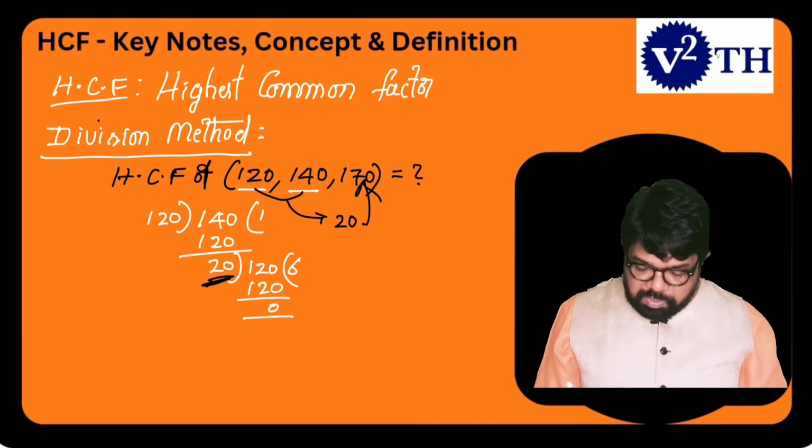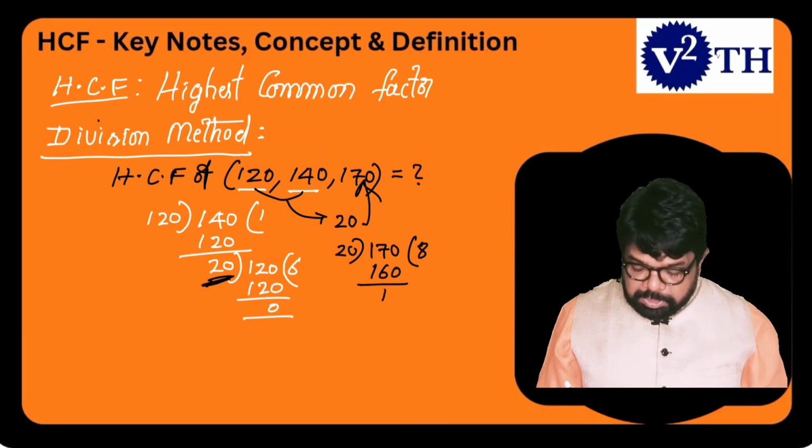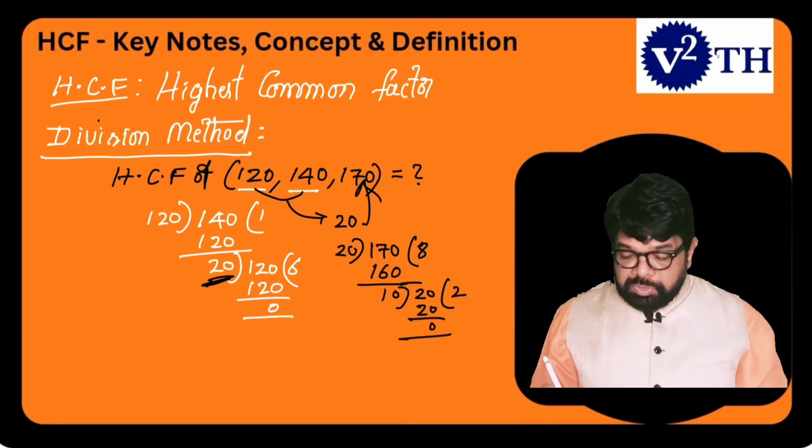What is the larger number here? 170, divided by the smaller number 20. Long division. 20 eights are 160. So what is the remainder? 10. Again, 20 divided by 10. 10 twos are 20. So the remainder is 0. Up to remainder equal to 0, you have to continue.